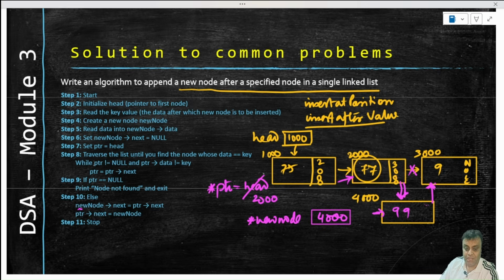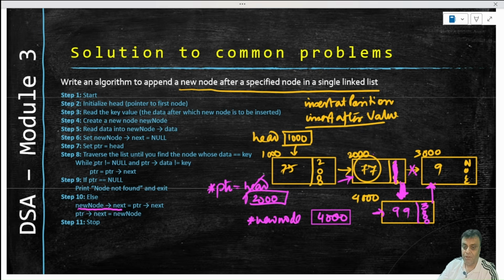So we should be saying new node's next is PTR's next, which is 2000's next, which is 3000. So therefore this connection gets established, and then PTR's next, this 3000 is no more valid, right? This 3000 should be replaced with the address of the new node.